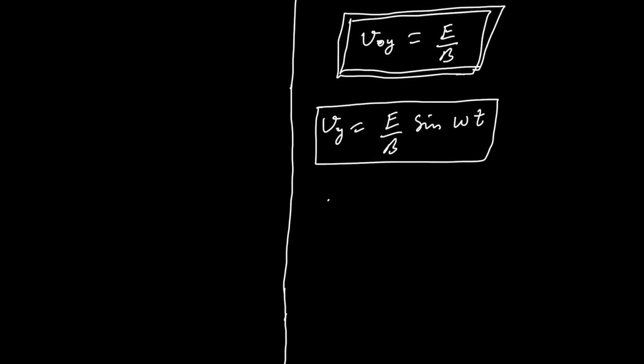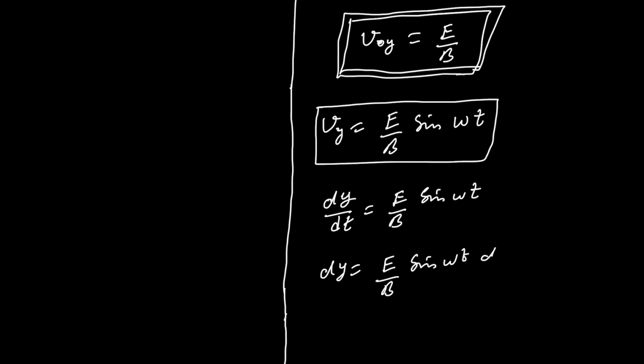So this Vy we can write as dy by dt. Now that will be E by B sine omega t. On integrating this, we will get the y coordinate as a function of time. So this is sine omega t dt, now integrating both sides. As we know, at t equal to 0 the particle was at the origin, so its y coordinate was 0. At any time t, let its y coordinate be y.